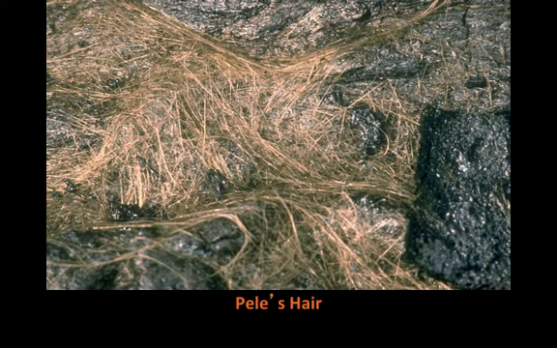And Pele's hair, which are these fine, potentially very long streams of volcanic glass that's erupted in a sputtering volcano. Again, Pele's tears and Pele's hair are terms that were developed in Hawaii.